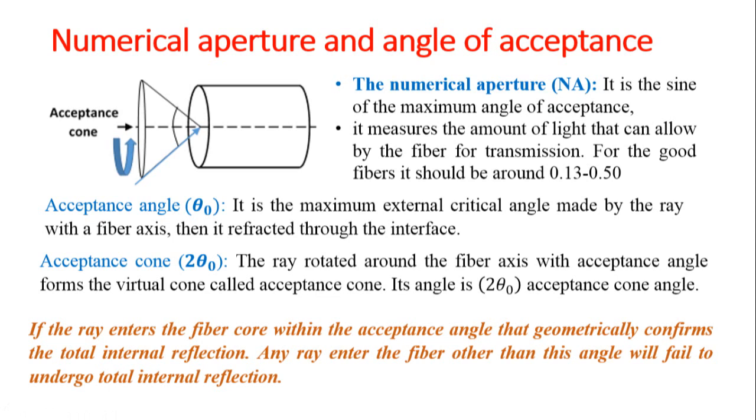The condition for carrying light is that if the ray enters the fiber core within the acceptance angle, that geometrically confirms total internal reflection inside the fiber. Any ray that enters the fiber at another angle fails to undergo total internal reflection inside the fiber.